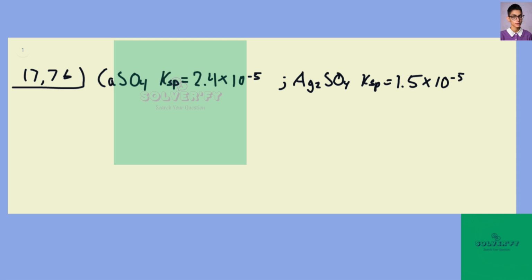So what we need to do is calculate when Q equals KSP for each of the compounds to calculate the amount of sulfate that's needed. So for calcium sulfate, it's 2.4 times 10 to the minus 5. And the concentration of calcium, we're told, is 0.2.